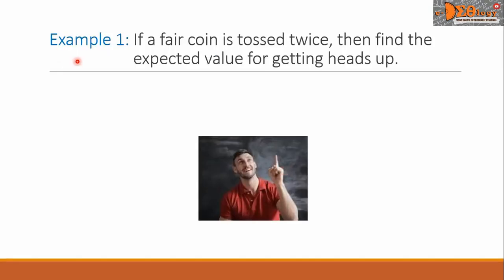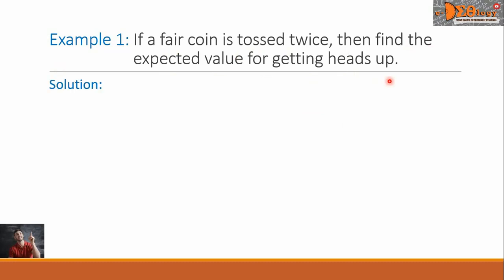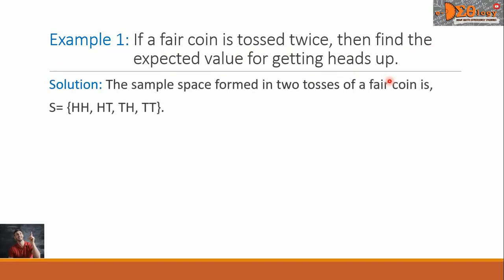Let's have example 1. If a fair coin is tossed twice, then find the expected value for getting heads up. For our solution, let us write the sample space.